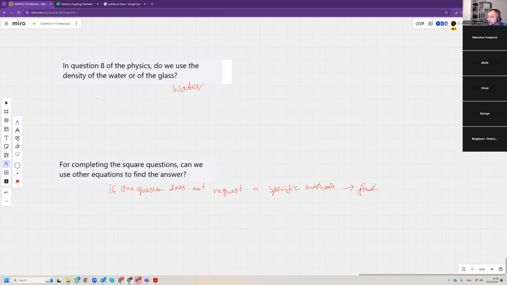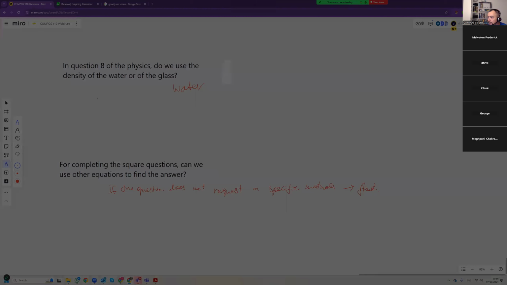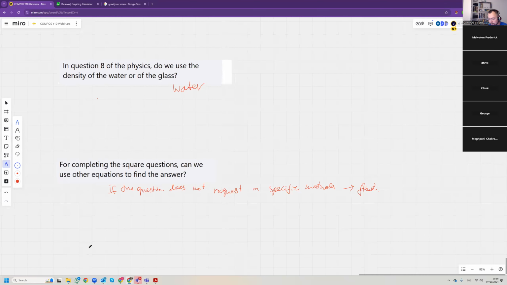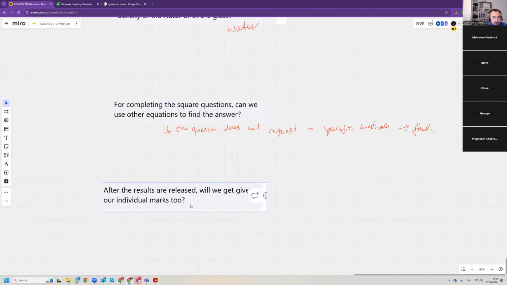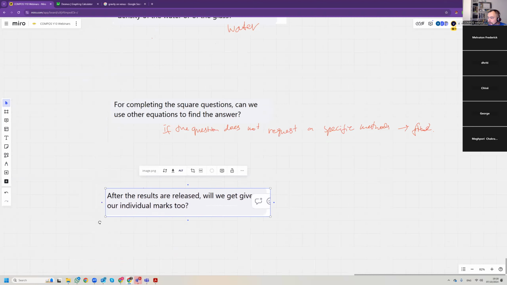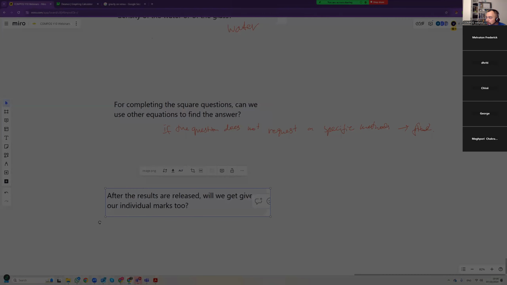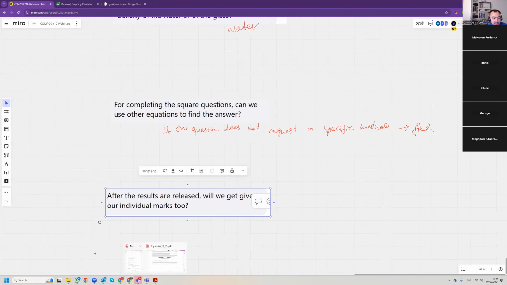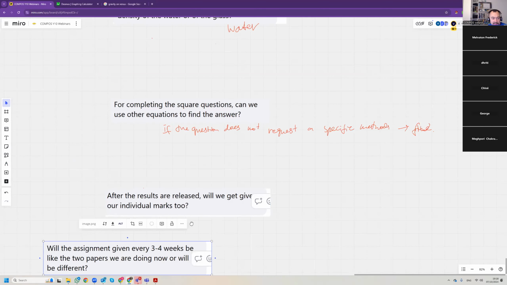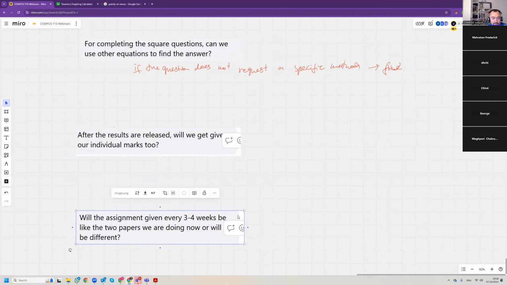Okay. After the result gets released, we'll get individual marks too. Yes. Will the assignment given every 3-4 weeks be like the 2 papers we are doing now, or will it be different topics but the same level of difficulty?